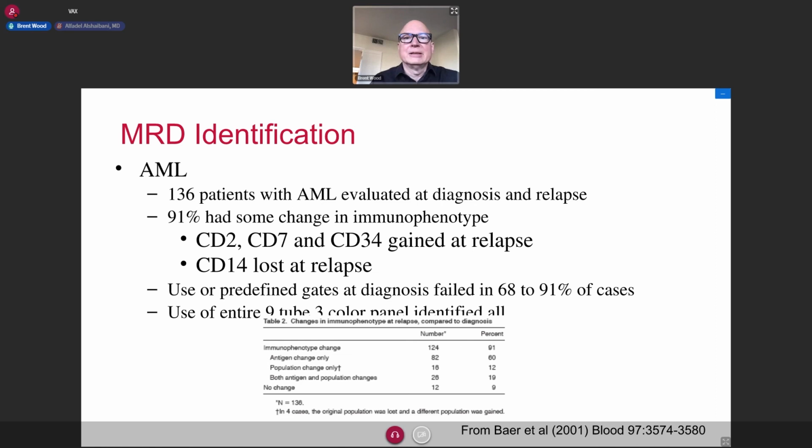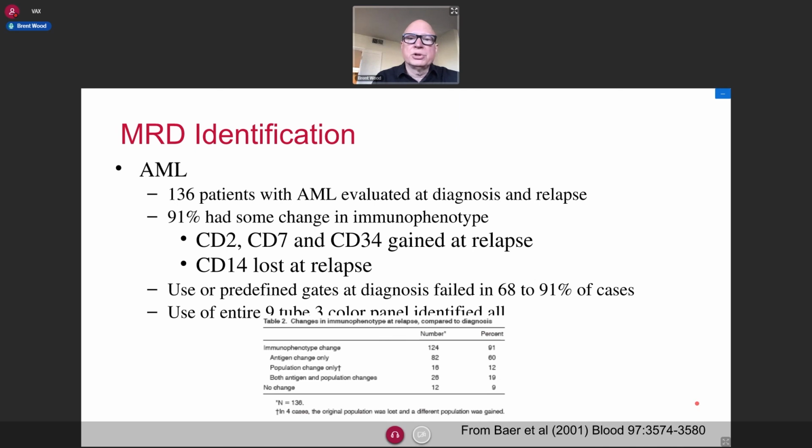Thank you. And so if one looks at the frequency with which one sees these kinds of immunophenotypic changes, it's actually relatively common in AML. In fact, in one early study using a somewhat simpler technology, they found that 91% of patients had some degree of immunophenotypic change after therapy, which resulted in an inability to identify the leukemic population after therapy in somewhere between 2/3 and 90% of the cases.